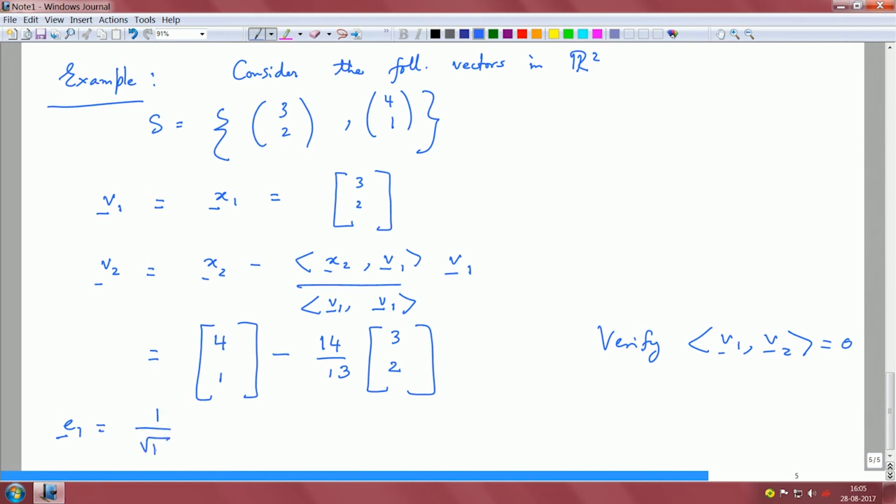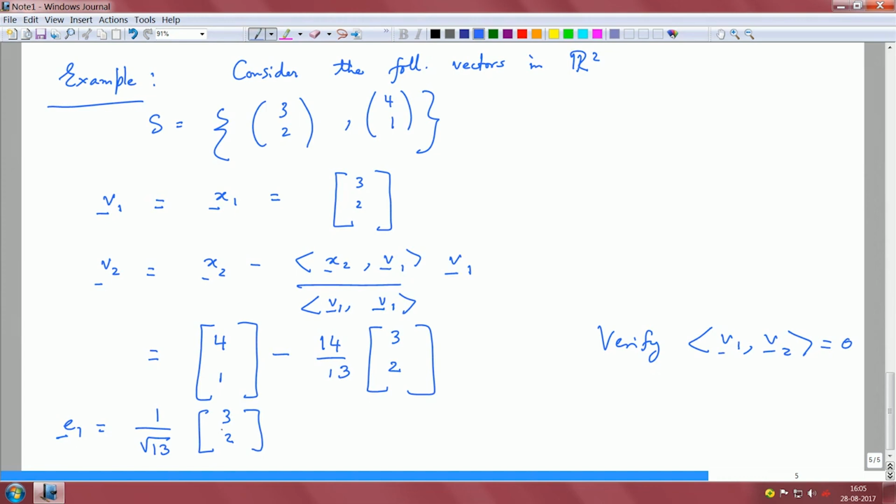and you will land up with the basis E1, which is 1 upon root 13 times this vector (3, 2), and you have a root 13 here because you have to normalize this so that this E1 is of length 1, right.